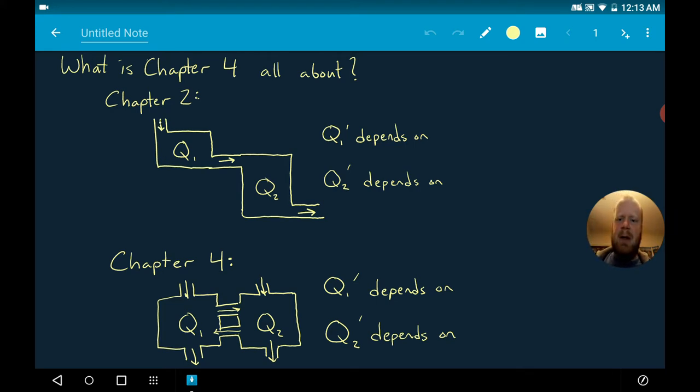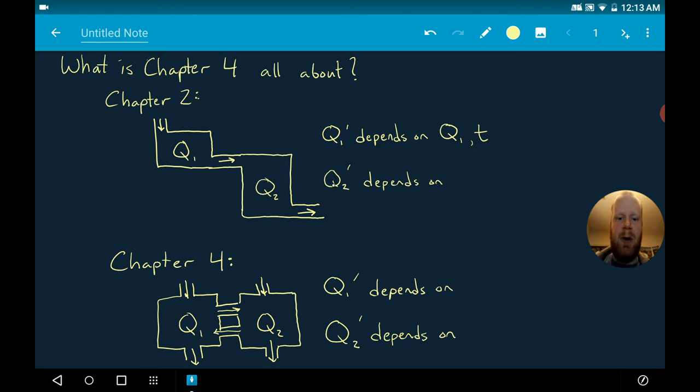So this first one, I wrote out our lake diagram. I gave you a homework problem where we looked at two lakes or two tanks with salt in them. In this case, since these tanks were in series, one after another, we could say that Q1 prime is going to depend on the variables Q1 and T. Those were the input variables for our functions.